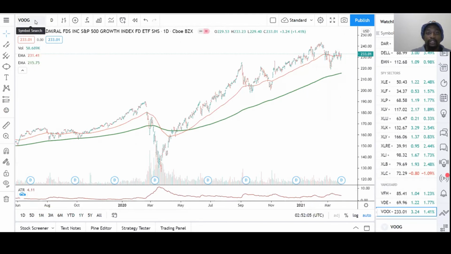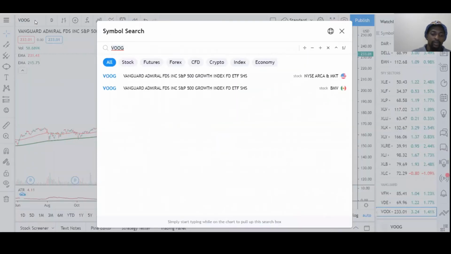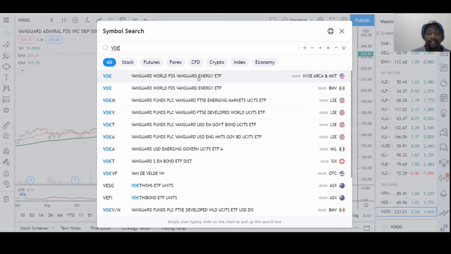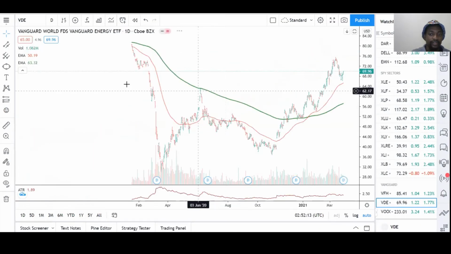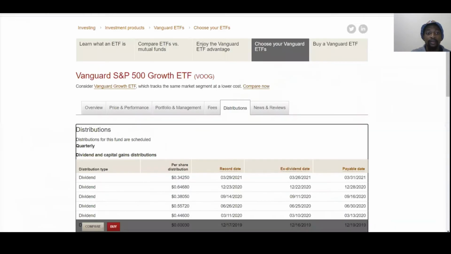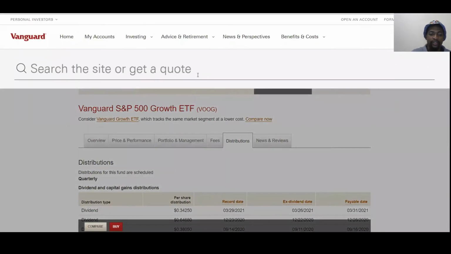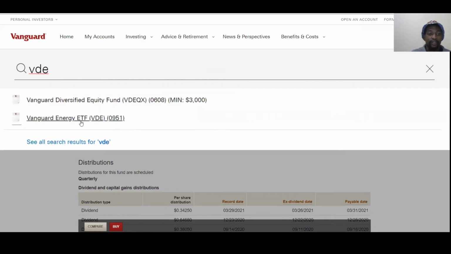So now let's go to a sector ETF, which is the Vanguard Energy ETF. Now this one is different. I'm not holding this for the long haul. I'm only holding this for as long as it's performing in a specific way.